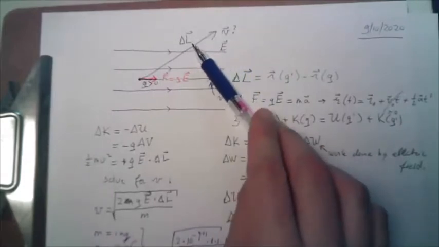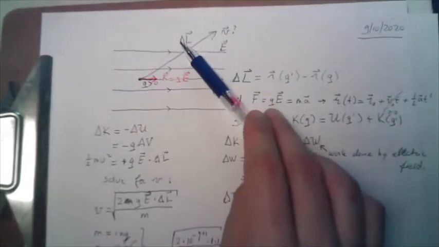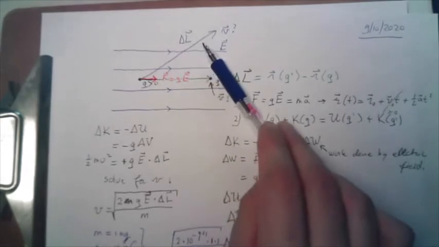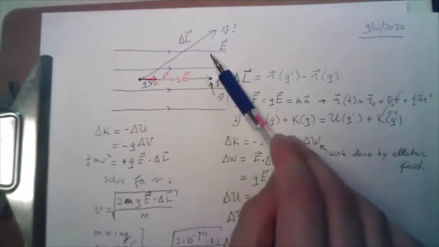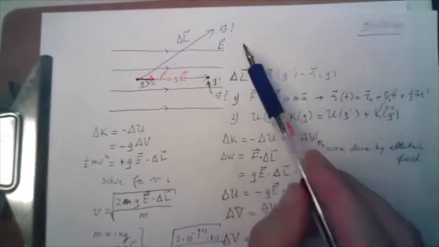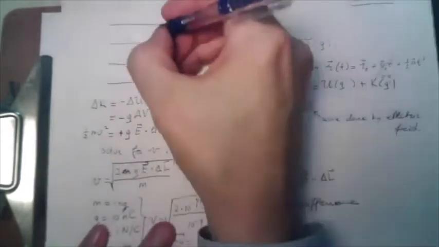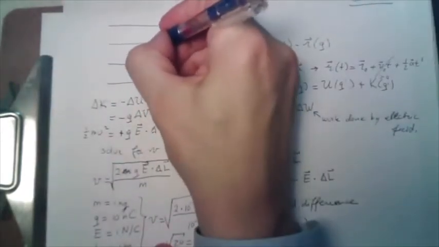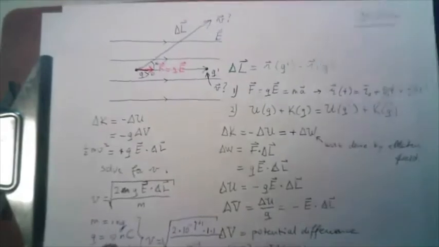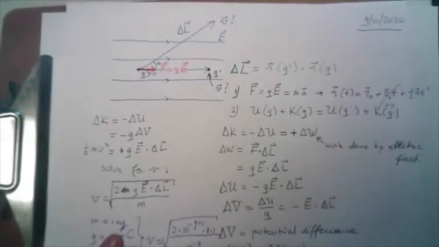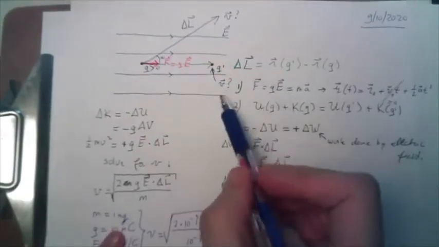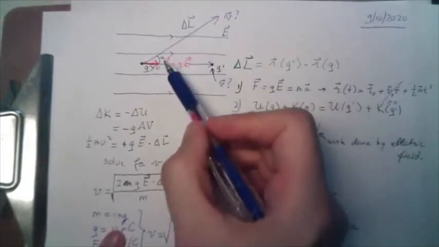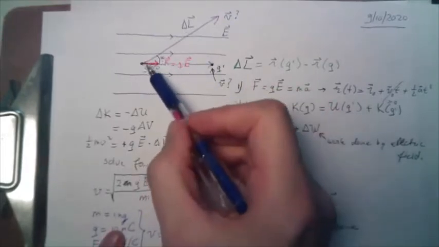Because E and delta L are not pointing in the same direction, that dot product is not going to give you a cosine of 0. It's going to give you a cosine of something, and that something is this angle. Let's call that angle alpha. And lo and behold, delta L times the cosine of alpha is the length of this path.